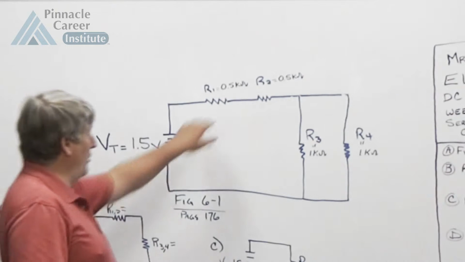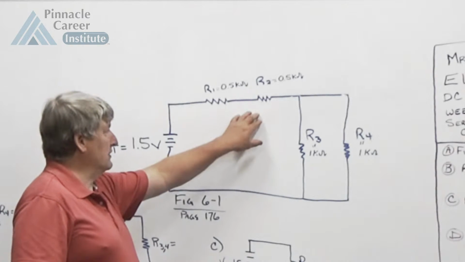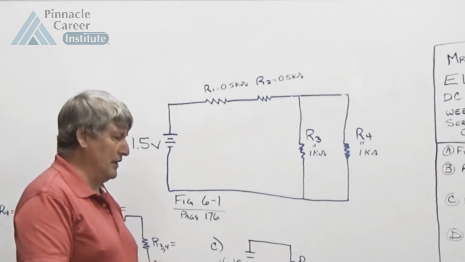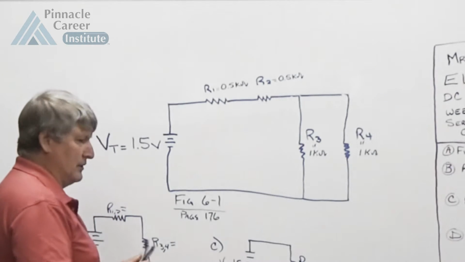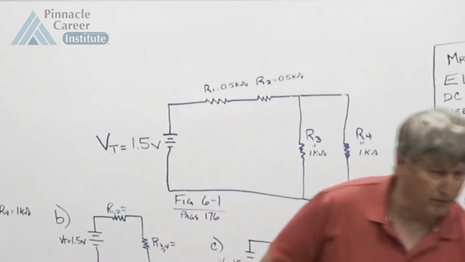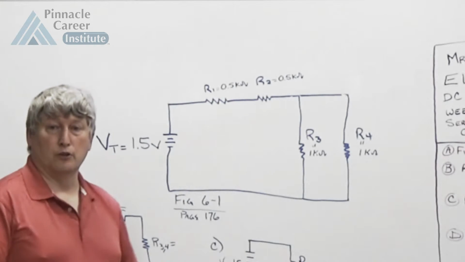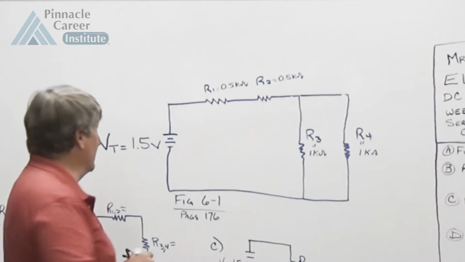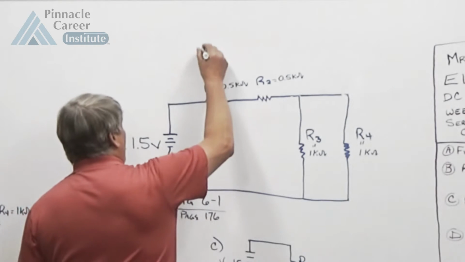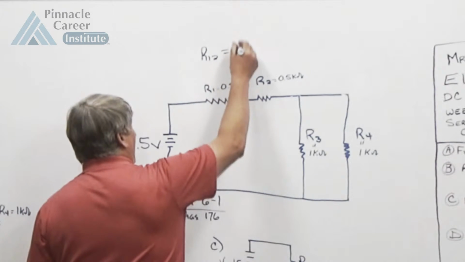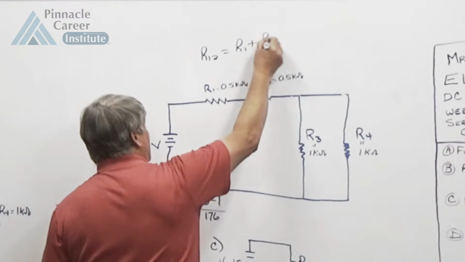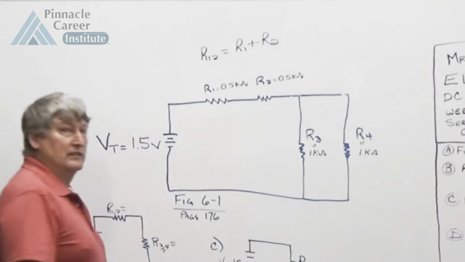So going with that, R1 and R2 in series, we're going to solve this in 4 steps, and this is done until you get good at simplifying these. Again, series circuits, you combine the resistance by adding them together. So R12 equals R1 plus R2. In series, we add our resistors.